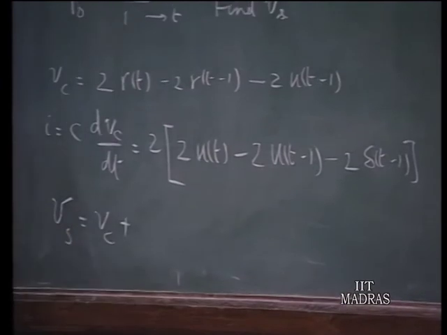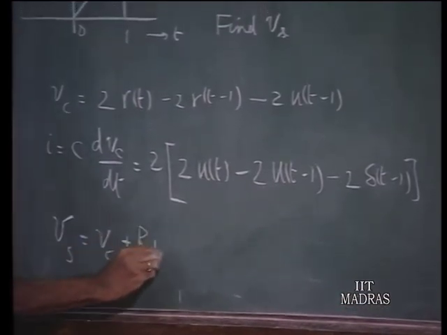And Vs equals Vc plus R times I, where R is 1.